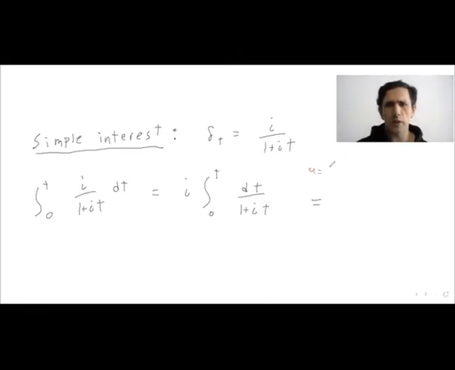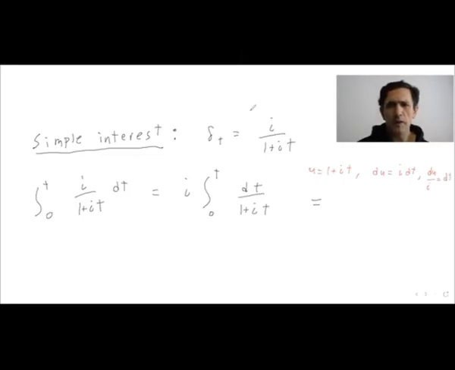The only reasonable thing to do is let u be 1 plus it. So that means differentiate, you get i, so du/dt is i, so du is i dt. So du over i is dt.